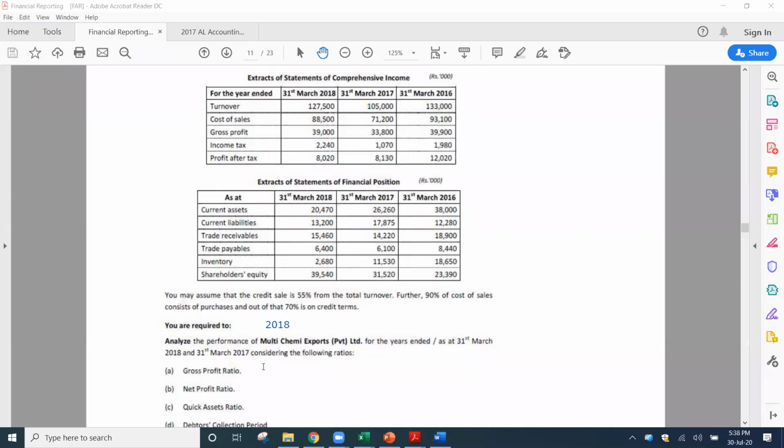Gross profit ratio equals 39,000 divided by 127,500 into 100%. So that's the gross profit ratio.